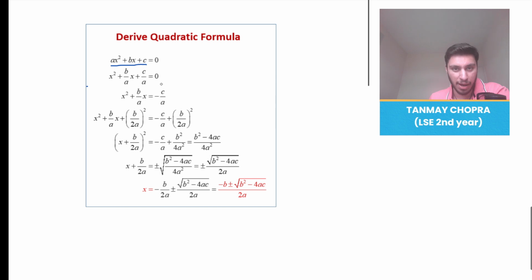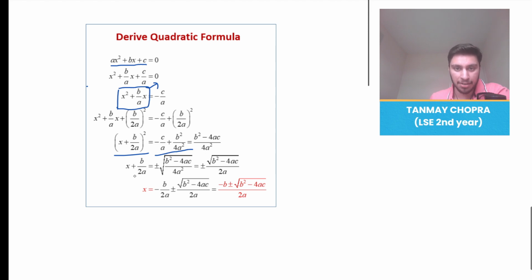They divided both sides by a, and we assumed a was not equal to 0, so that's possible. Then they took c over a to this side. As you can see, the c over a just went to this side, became negative c over a. Now we are left with the LHS. It's easy to complete the square here, from the identity. They did that: x squared plus b over a x plus (b over 2a) squared. They did it in a slightly different way, but essentially they get the square which they wanted, and they get one term to the other side.